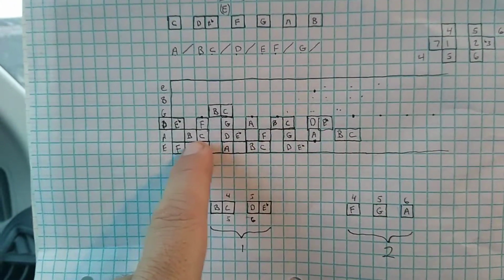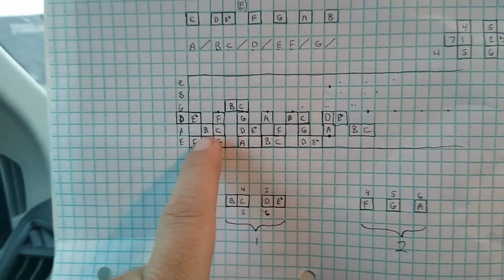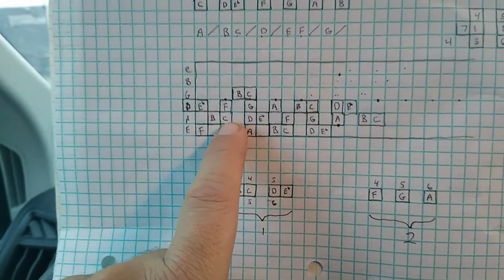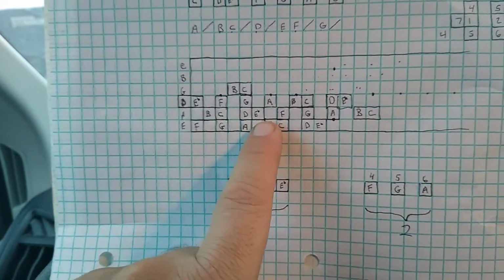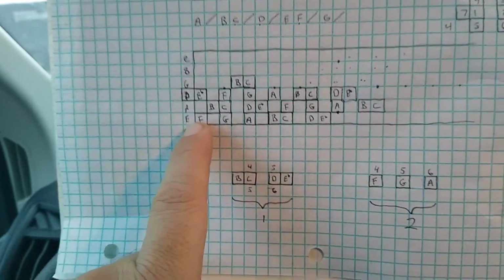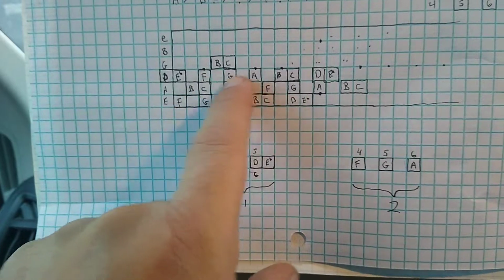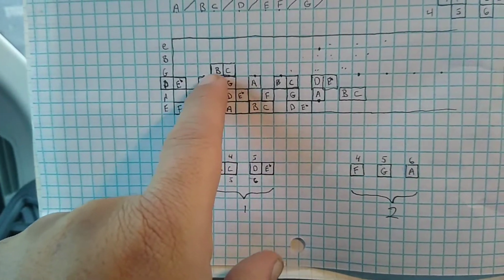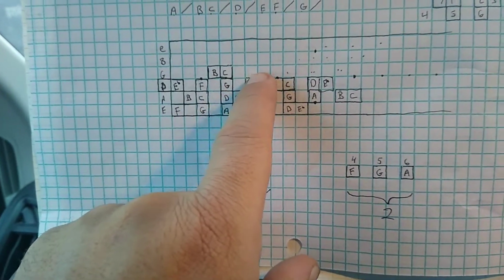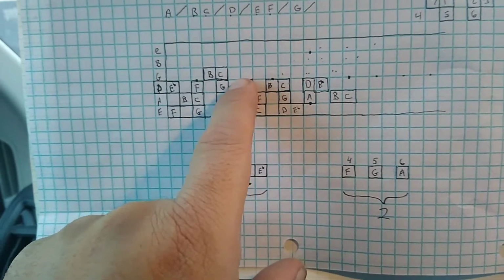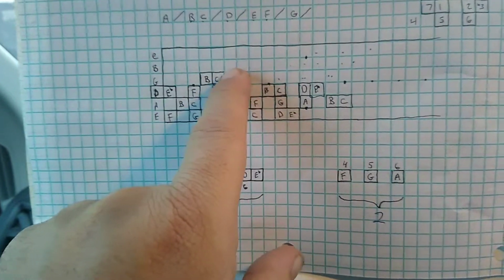So you can see here we can identify our 7 is B, our 1 is C. So there's our 7, 1, 2, 3. And once again, our FGA is our 4, 5, 6. So FGA, FGA. So then stands to reason we'd have a B, C, D, E there, and then you'd have to start using this square.